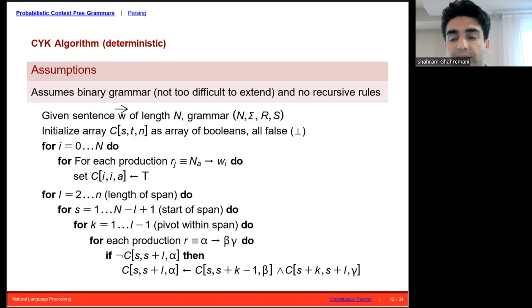So we check to see if we have already figured out that there is a span associated with beta and gamma, in the case of beta from position S to S plus K minus 1, and for gamma from S plus K to S plus L. If both of those are grammatical spans associated with the non-terminals beta and gamma, then we say that we can have this larger span associated with alpha.